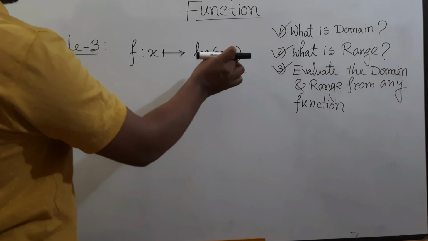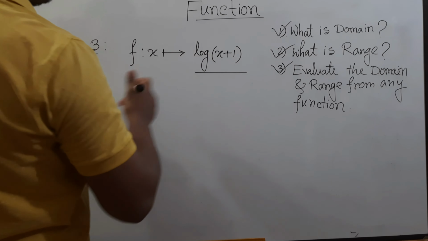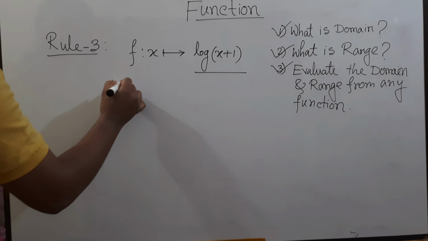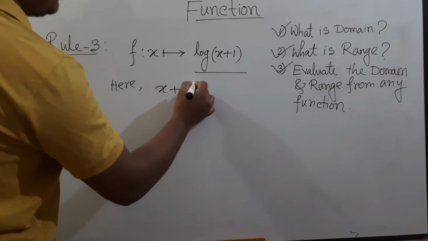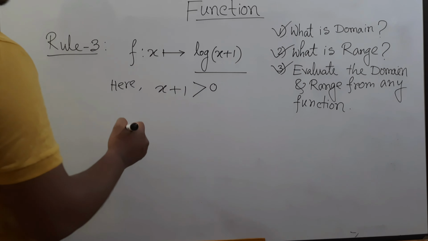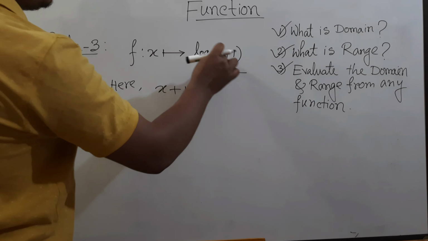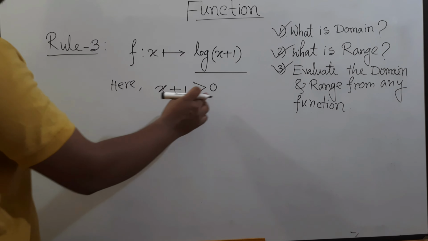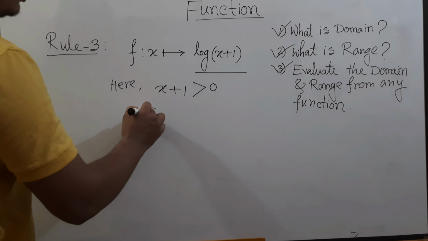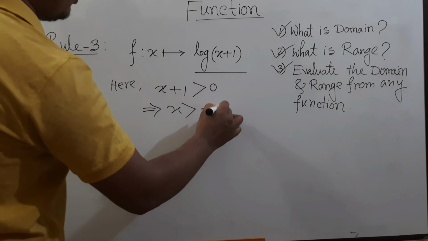That means inside the log the value must be positive. So the value of x + 1 must be greater than 0, because if you put 0 inside log, it will be undefined. If we solve this inequality, we get x greater than -1.